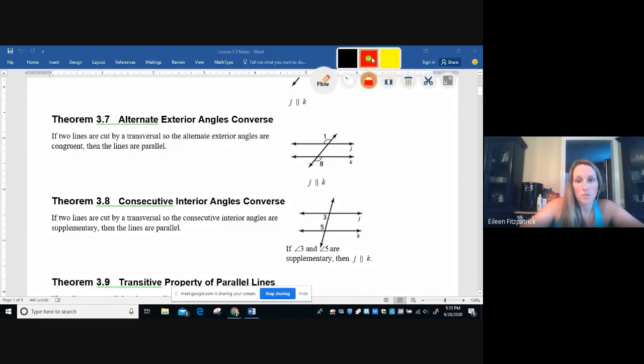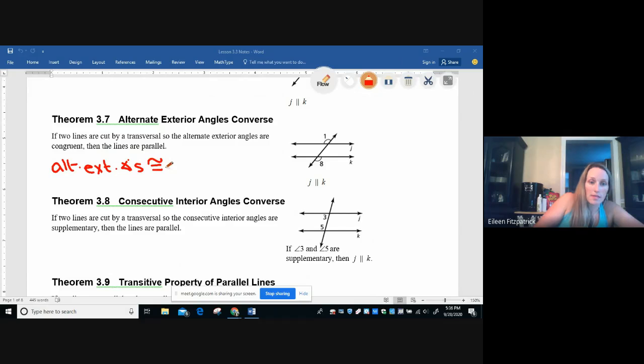So the next one, again, says if we know that alternate exterior angles are congruent, then that allows us to conclude that our lines are parallel. That implies parallel lines.